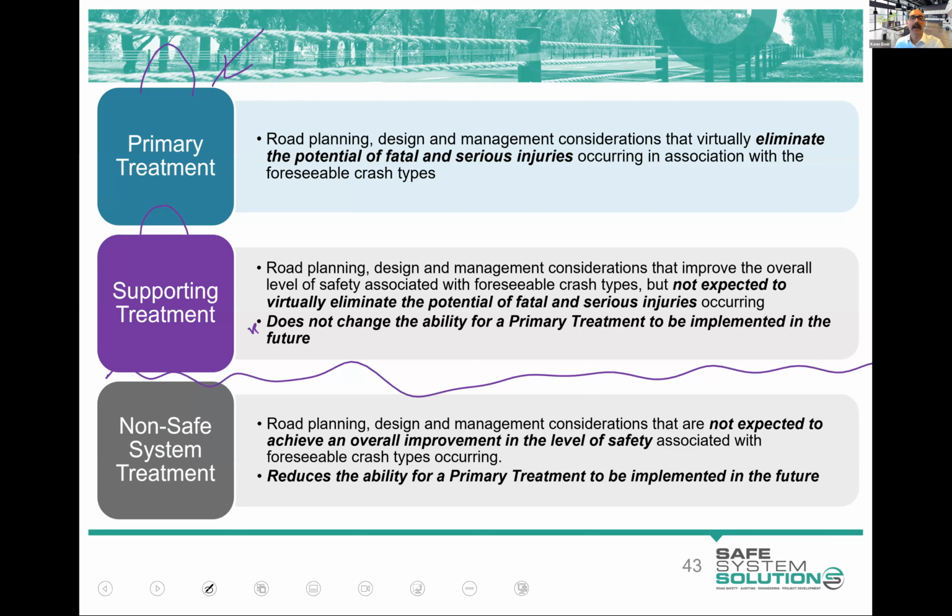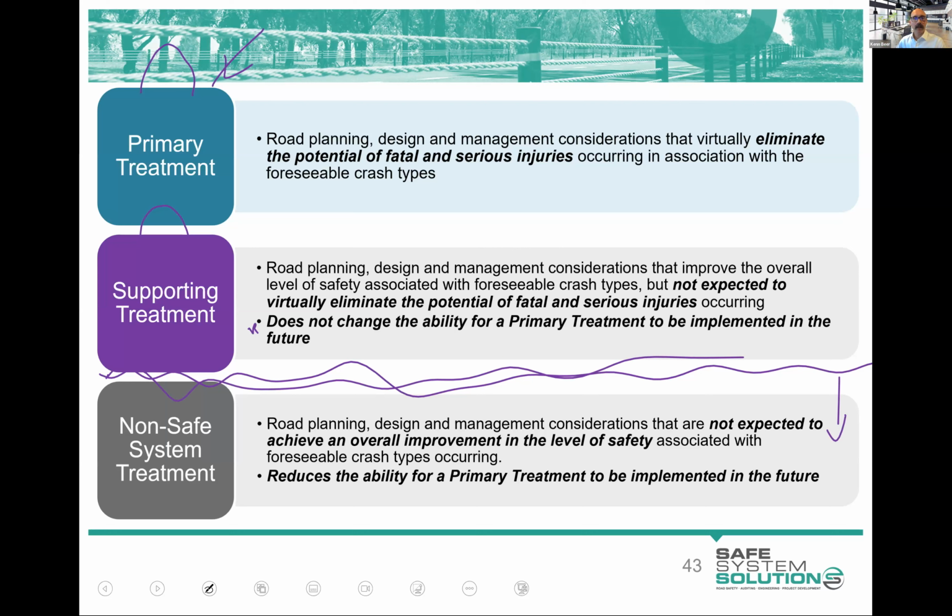It's not going to make things worse putting those signals in, but it's not getting us to that point of virtual elimination of death and serious injury. Non-safe system we put in there just as almost terminology purposes. That's things that are going to make things bad, or they're going to actively stop us getting really good treatments in the future.